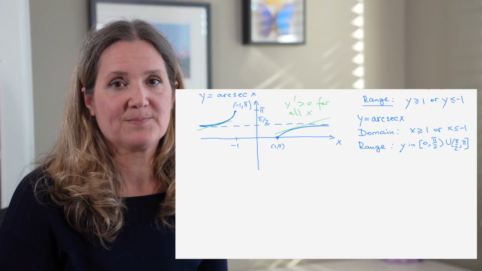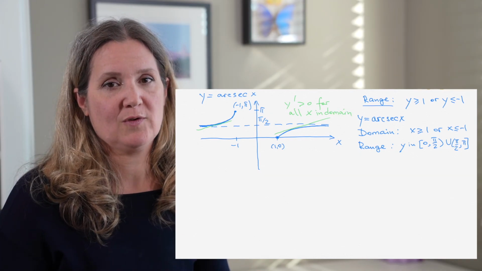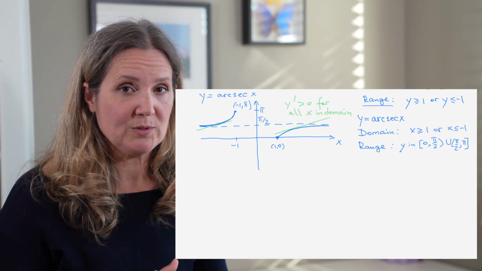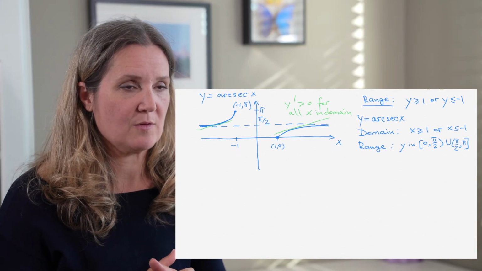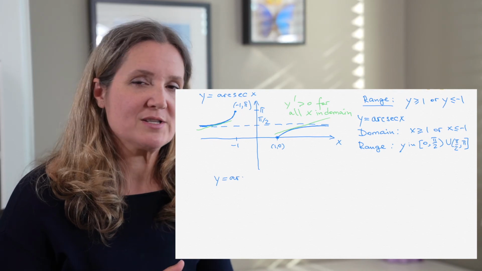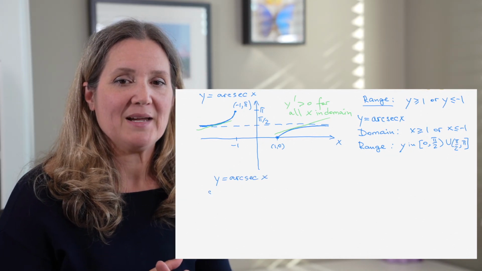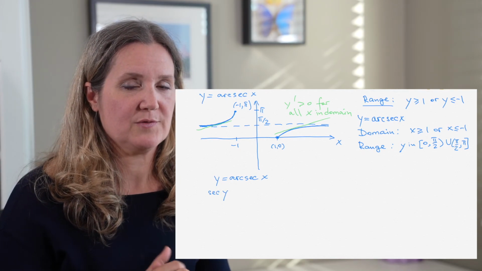Okay, now actual derivation. As of right now, we don't know how to calculate derivative of arcsecant. So our goal is to manipulate equation y equals arcsecant of x in such a way that arcsecant is no longer present in the equation. Let's take it out by taking a secant of both sides of the equation.